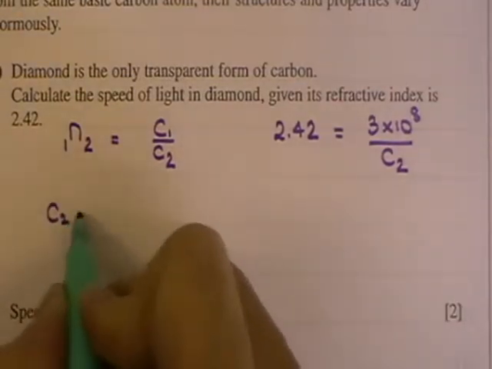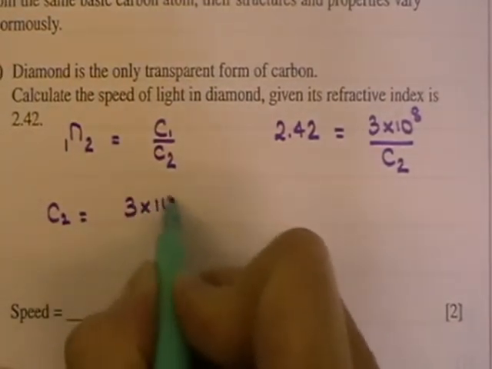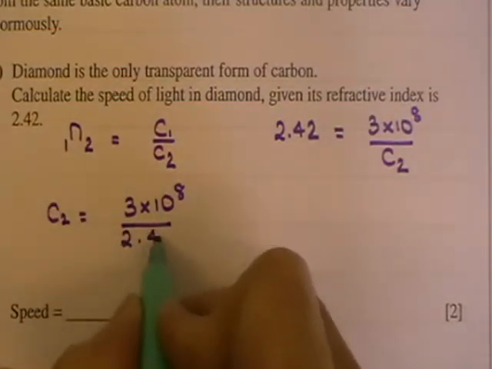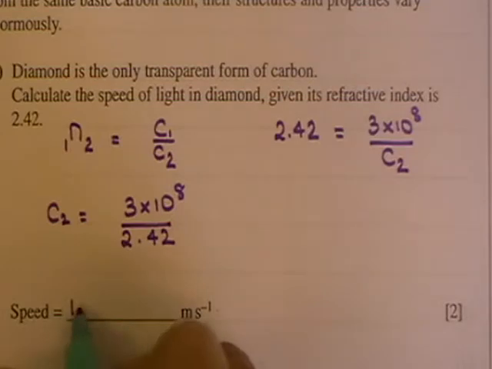Therefore, C2 is equal to 3 by 10 to the 8 over 2.42, and that gives you an answer of 1.24 by 10 to the 8.